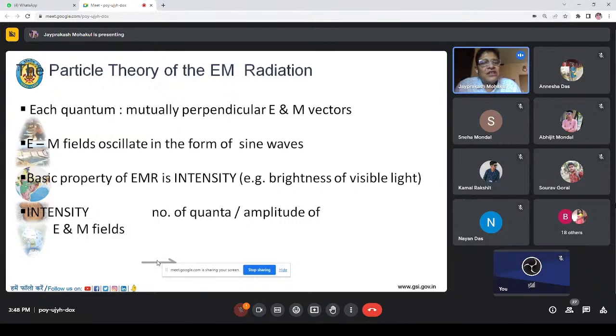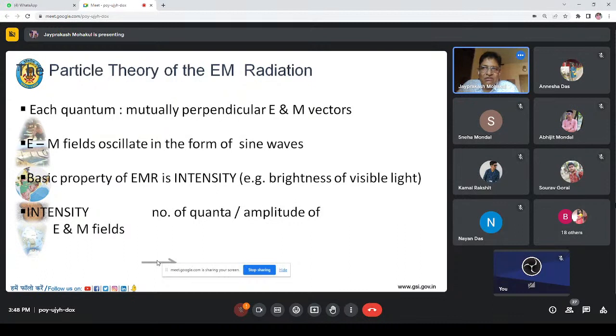So each quantum has mutually perpendicular electromagnetic vectors, right? Light propagation is along a straight line, but you have a mutually perpendicular electrical wave as well as magnetic wave. So electrical and magnetic fields oscillate in the form of sine waves.